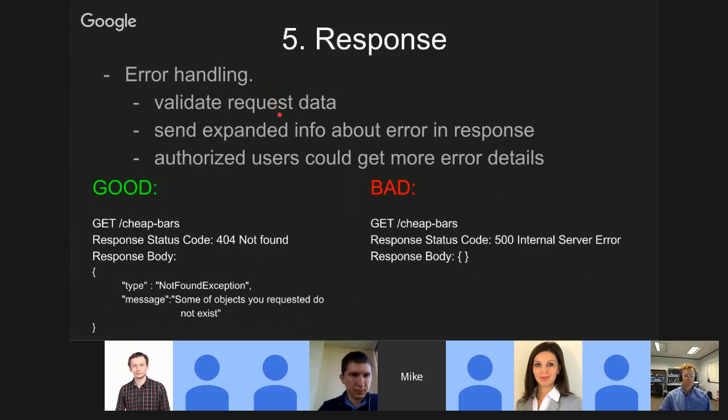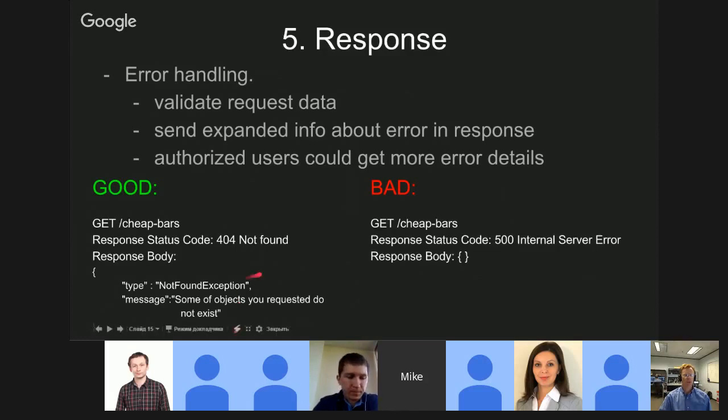In this case, you should not only use status codes for errors, but you should return some standard data about your error. For example, on the server side, you should always validate your request data, and if some required fields are not valid, you should send an error: something like validation error type, and the message, some of your requested data isn't valid.